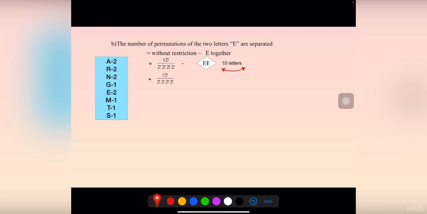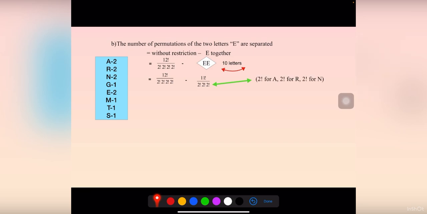So we have 12 factorial over 2 factorial times 2 factorial times 2 factorial times 2 factorial, minus 11 factorial over 2 factorial times 2 factorial times 2 factorial. Where does this come from?